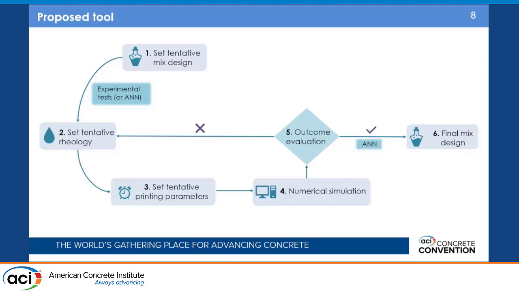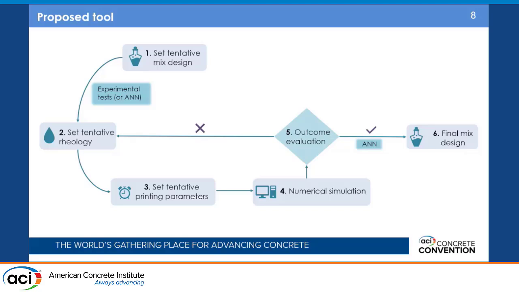Maybe we perform some tests and we get a tentative rheology, so a yield stress and a viscosity value. Then we can put some tentative printing parameters, for example, the velocity of the printer or the extrusion velocity and so on. And we can perform numerical simulations.